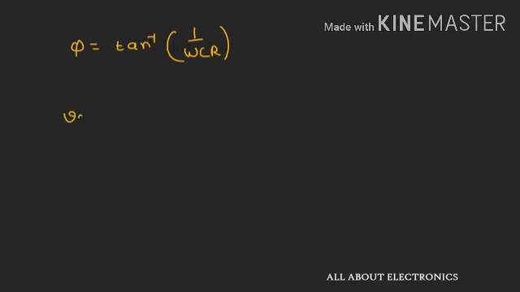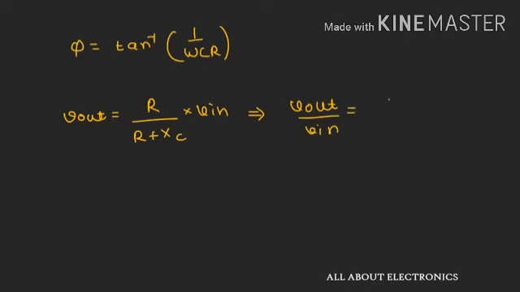So let's once again write Vout as R divided by R plus Xc into Vin, or we can say that Vout by Vin equals R divided by R plus Xc. Now let's put the value of Xc into this equation.